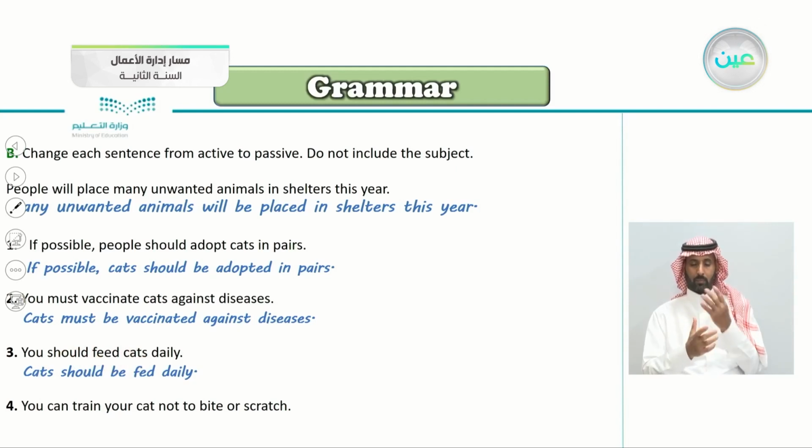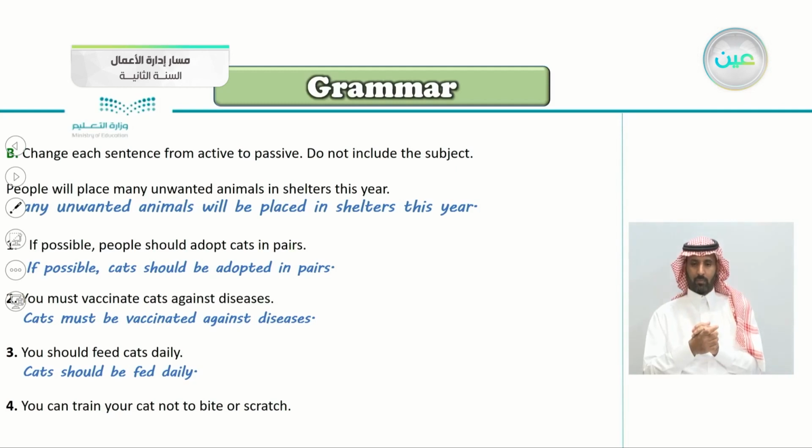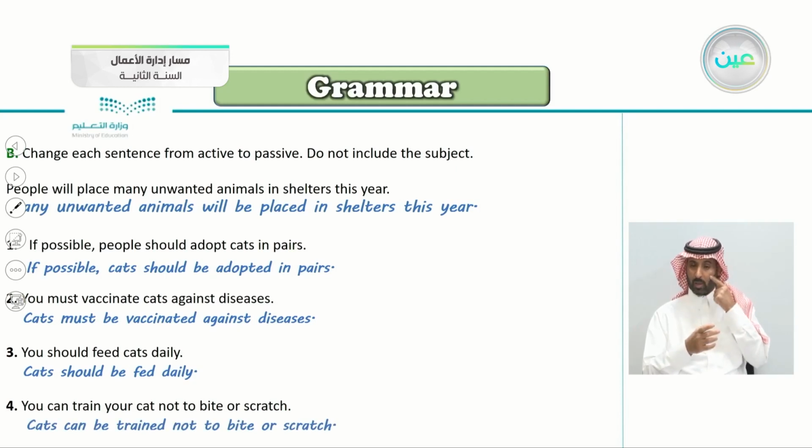Number 4, you can train your cat not to bite or scratch. So what do we say here? Begin with the object. Yes, cats can be trained not to bite or scratch.